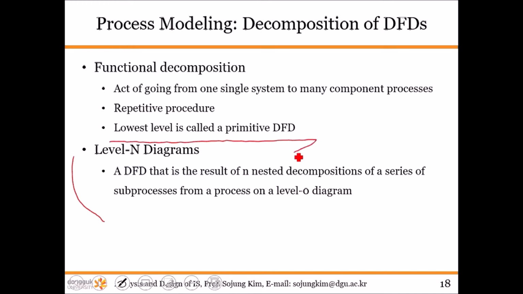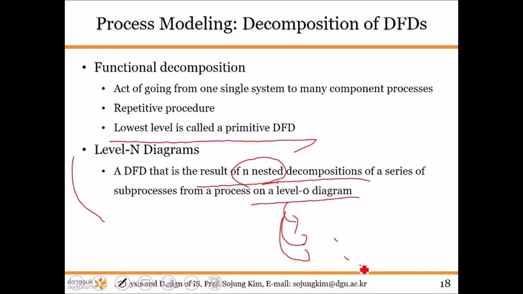A level-n DFD is the result of n nested decompositions of a series of sub-processes from a process on the level 0 diagram. According to the complexity of the system, you can have level 1, level 2, level 3, and so on.